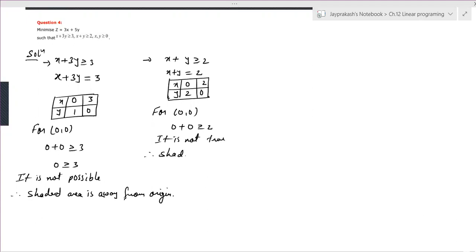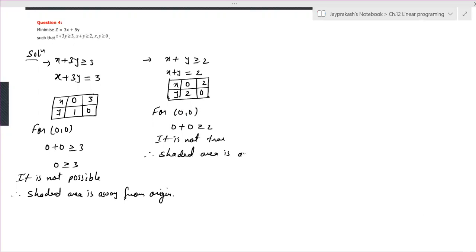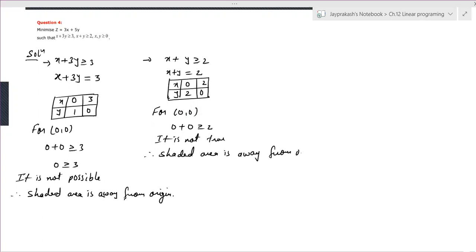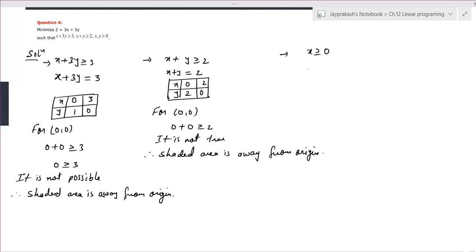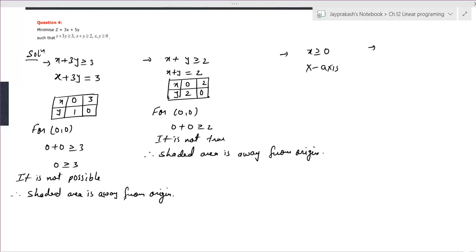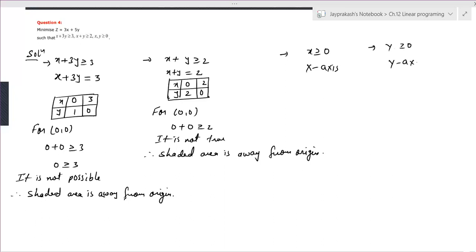Therefore, the shaded area is away from the origin. Now the remaining two inequalities are x ≥ 0, which represents the x-axis, and y ≥ 0, which represents the y-axis.